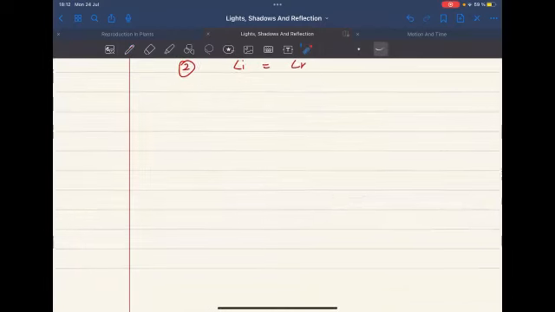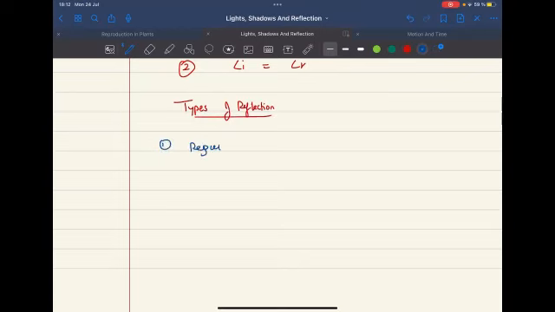Now we have mainly three different types of reflection of light. The first one is regular reflection, also known as specular reflection.